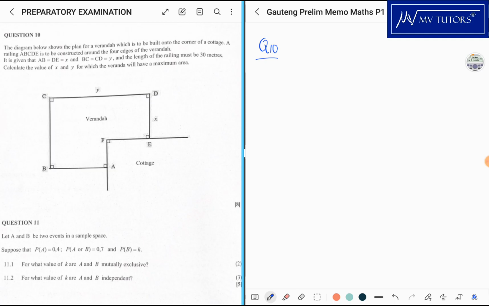The diagram below shows the plan for a veranda which is to be built onto the corner of a cottage. A railing AB, CDE is to be constructed around the 4 edges of the veranda.